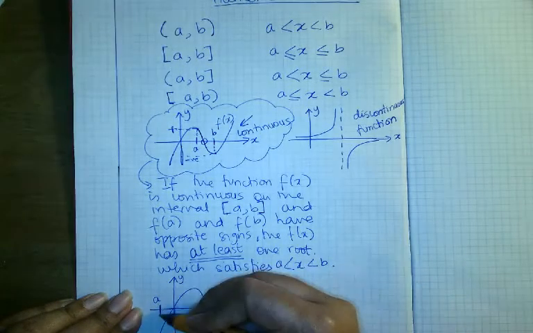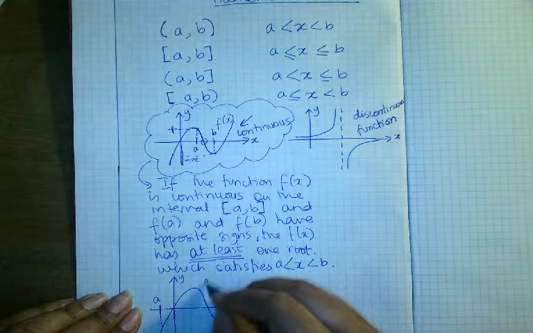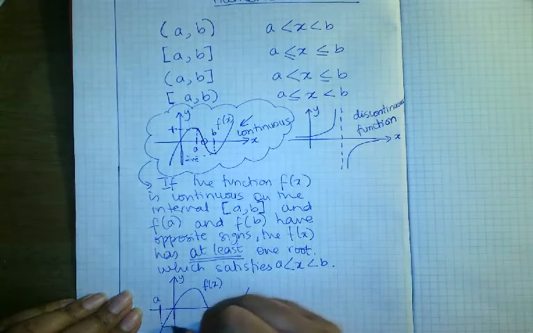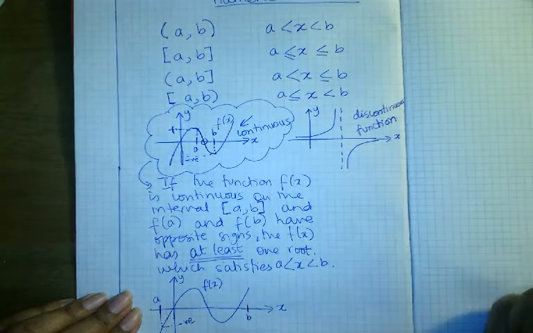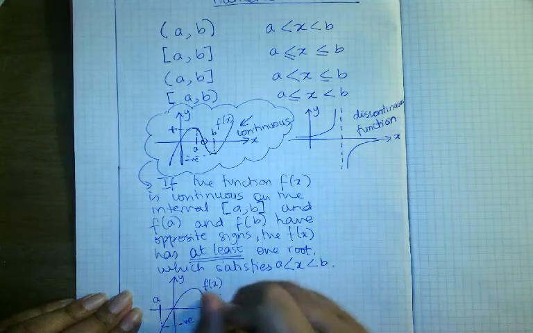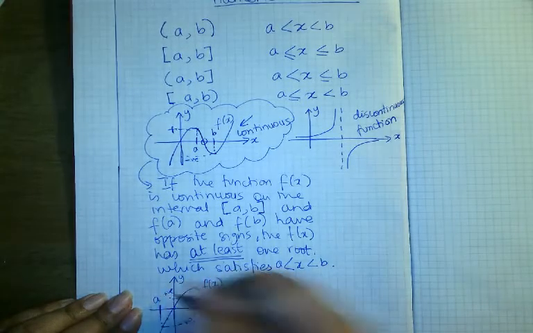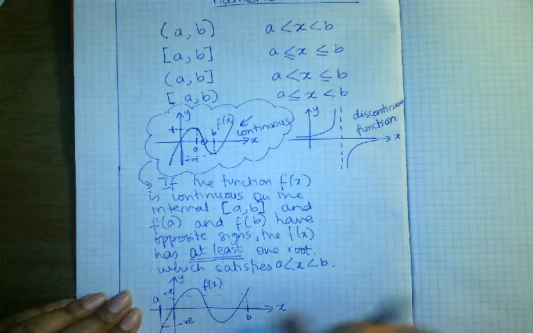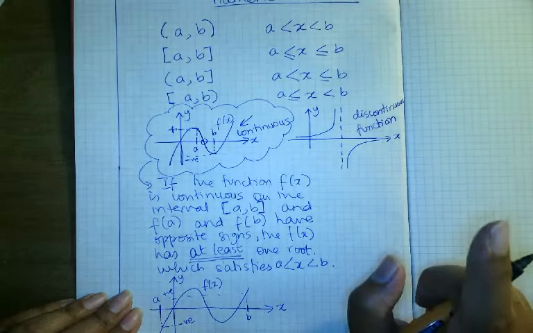If I substitute a into my function f of x, I would get a negative y value. And if I substitute b into this function, I would get a positive y value. There has been a sign change, but there's not just one root.